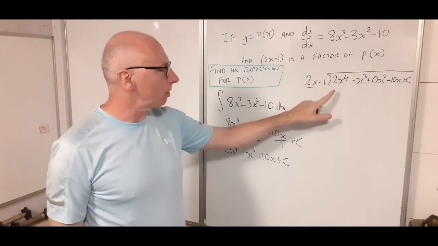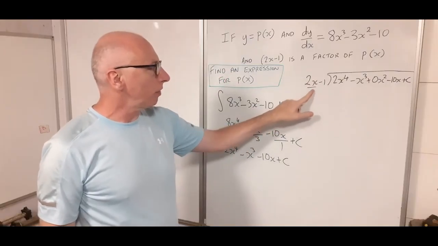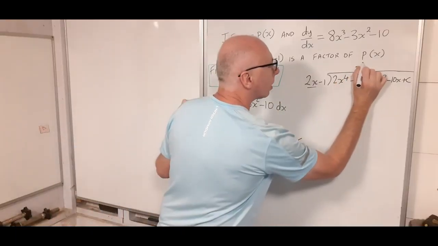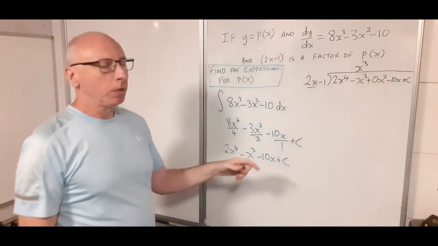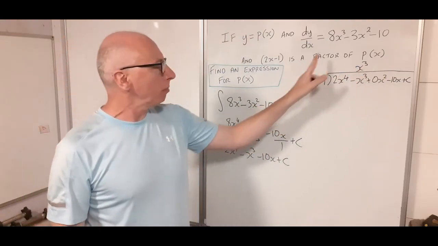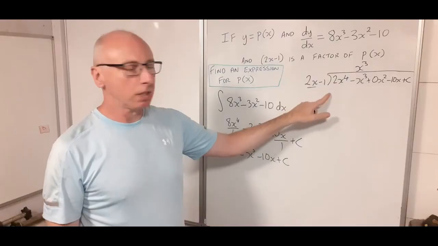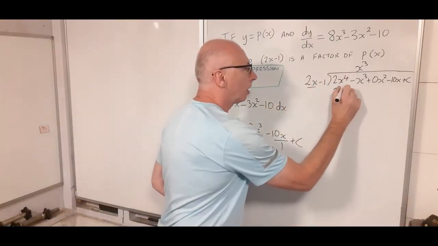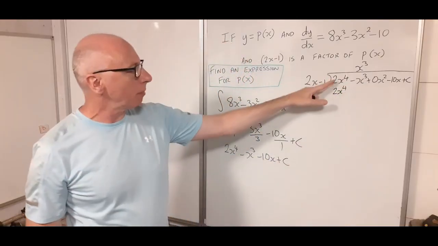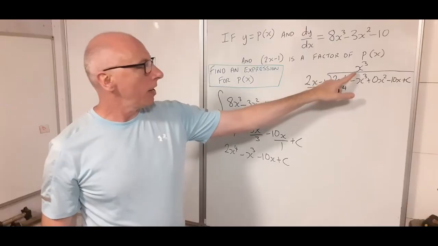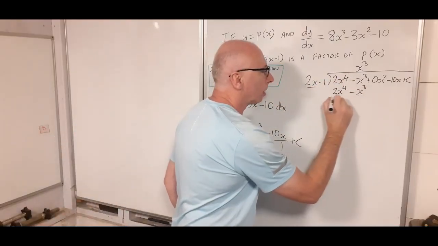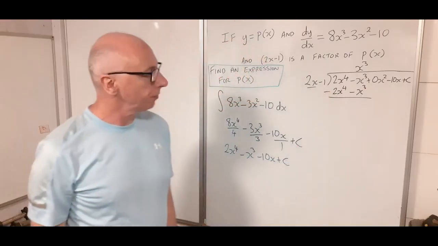So here's how it goes. 2x to the 4 divided by 2x is just x cubed. Then what we do is this result here, we bring back in here, multiply by both of these terms. So x cubed times 2x is 2x to the 4. Now to know you've done it right, you should get back the same term here. Then x cubed times minus 1 is minus x cubed. And now what we do is subtract that.